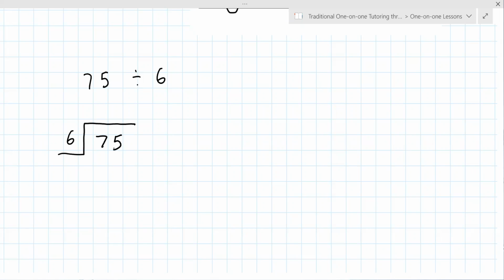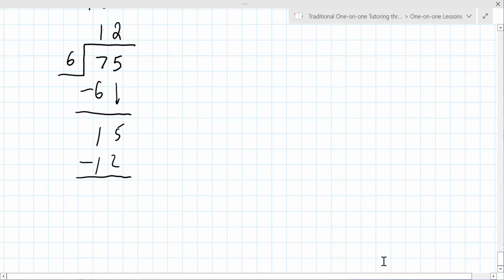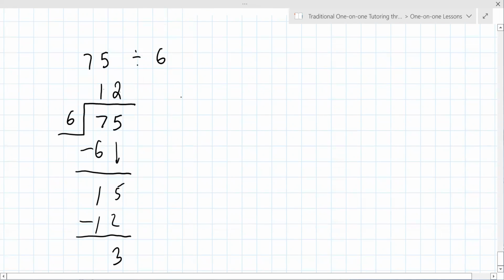Twelve. Okay, so it goes in one time. 1 times 6 is 6. And then you subtract. Okay, you bring the 5 down. And yeah, 12 goes there. What is 2 times 6, Michael? 12. Okay, and when you subtract, what's left over? 3. And 3 is your remainder.